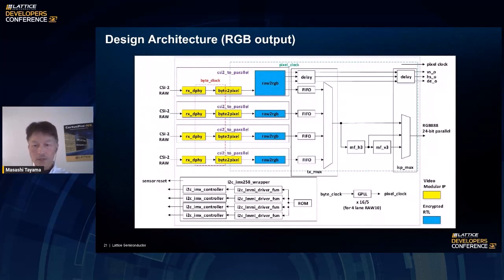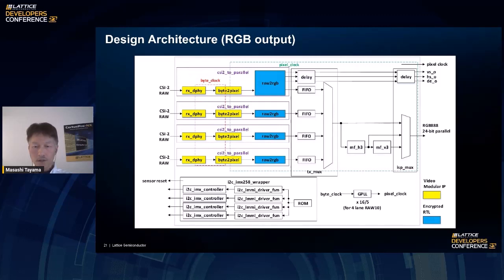This is the block diagram of this reference design with RGB output. 2 hardened RX D-PHY IPs and 2 soft RX D-PHY IPs are used. Each sensor data is fed to the RX D-PHY IP and then passed to the byte-to-pixel IP module for clock domain conversion.